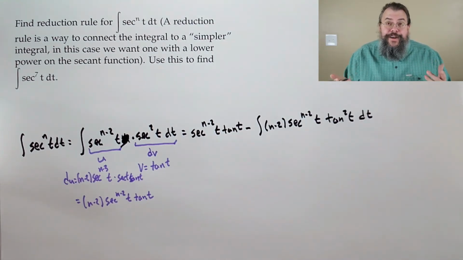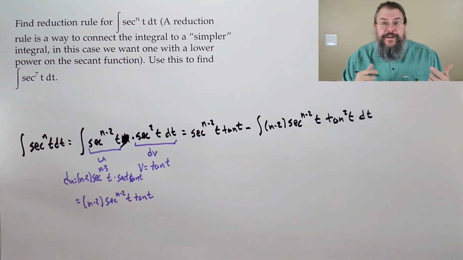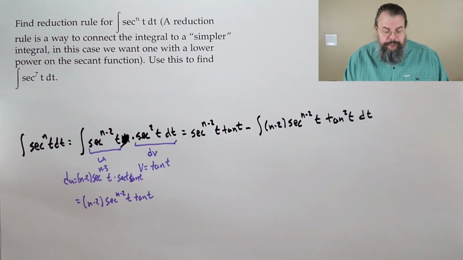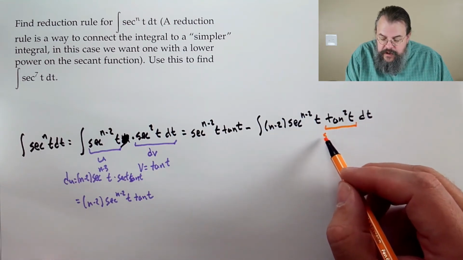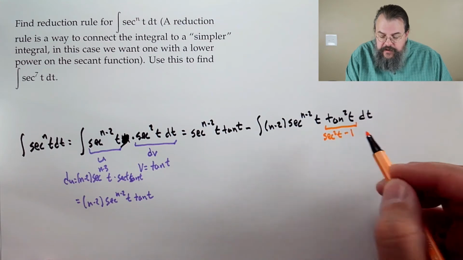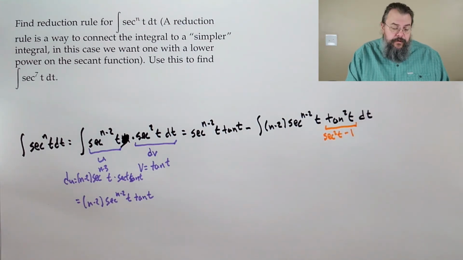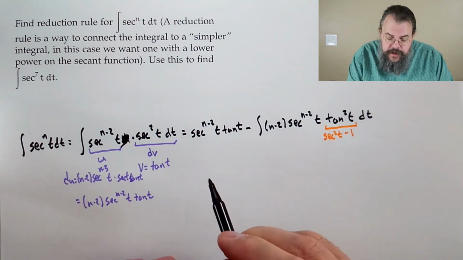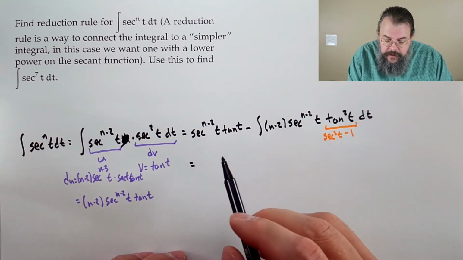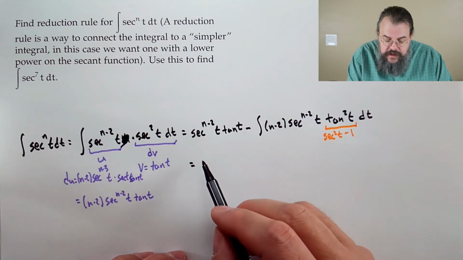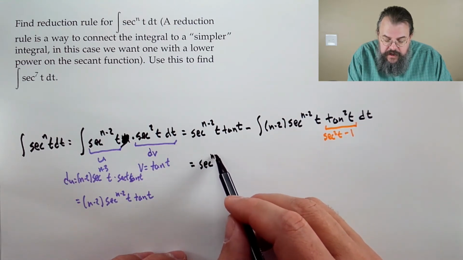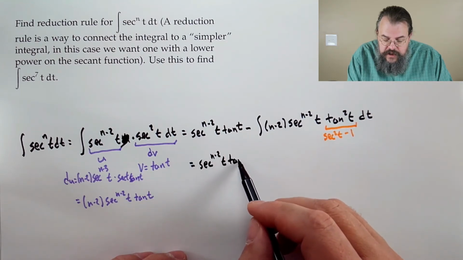And we get back to their philosophy that says, oh, tangent squared is essentially like secant squared because there's a nice connection. And so the nice connection, we say, hey, this piece right here, tangent squared, is really secant squared minus 1. So what do we get? Well, we can say it's the following. Well, we have secant to the n minus 2 t tangent t.